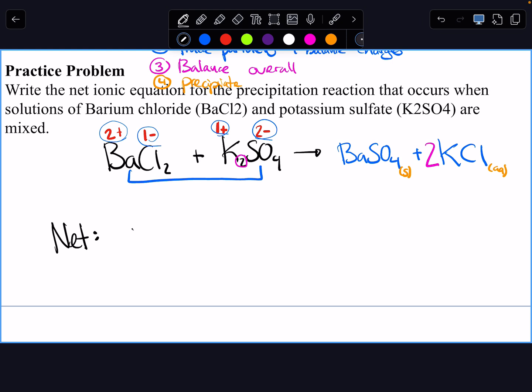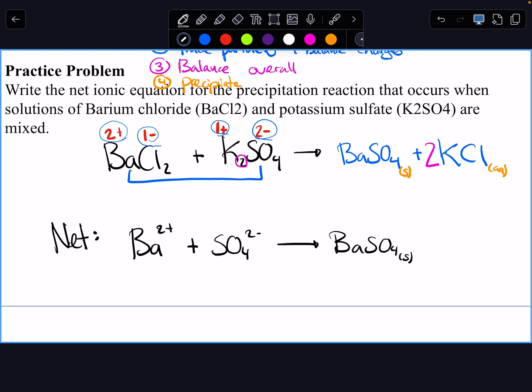So I would just have Ba2 plus, Cl's a spectator so I'm going to ignore it, plus K's a spectator, take that away, SO4 2 minus to make BaSO4. So your net ionic should just show the things that are used to make the precipitate. Questions on that before I have you try the next one for a smiley?